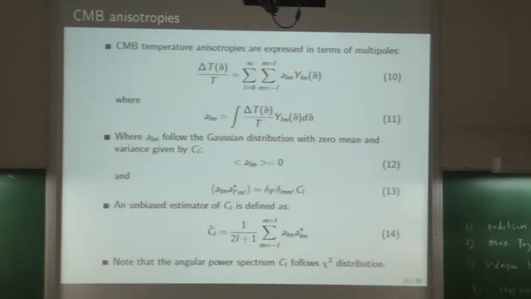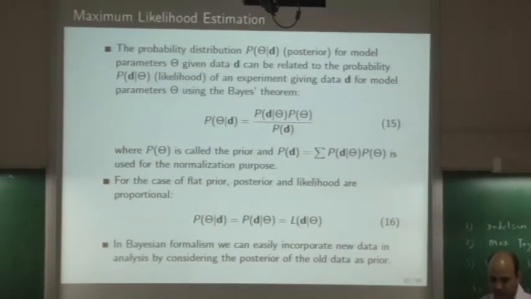Here, regarding the correlation matrix, there is a technique for estimating parameters called maximum likelihood estimation. In order to understand that, you will need to understand the Bayes theorem and how it comes.